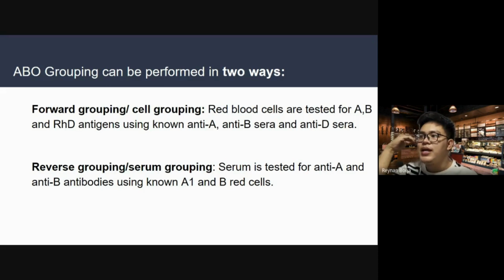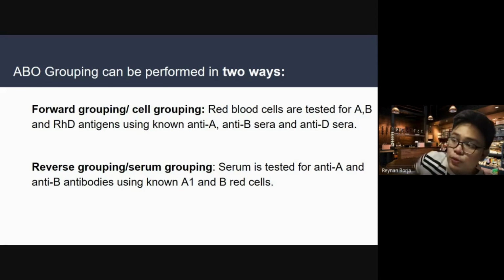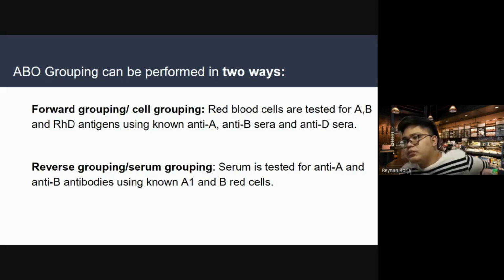Mabilis lang naman matandaan. So, bakit, sir, known A1? Known A1, sir, yung gamit for known cells. Hindi known A. Remember the subgroup of A? Di ba maraming subgroup? Pero highly or maraming population is blood group A1. Okay? Blood group A1.